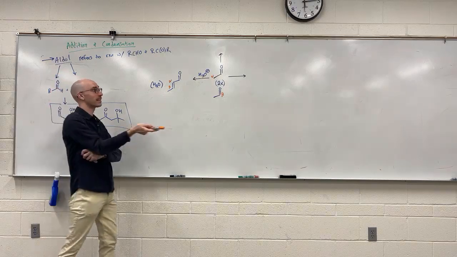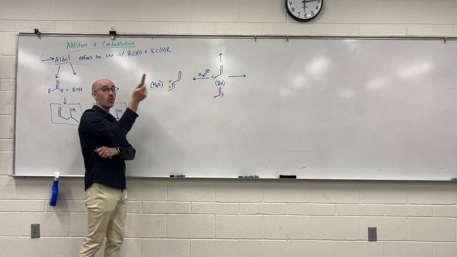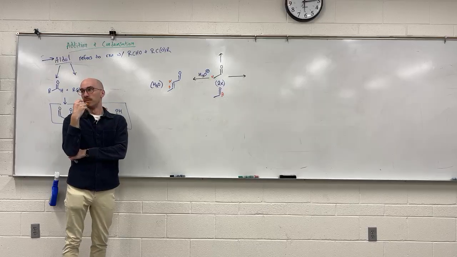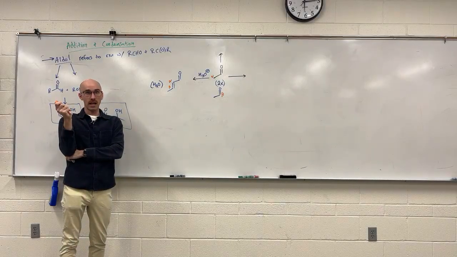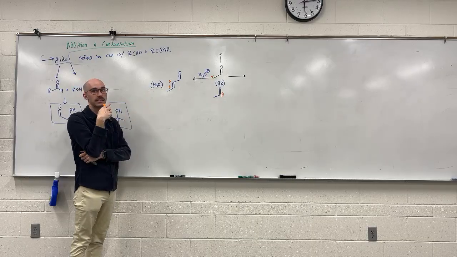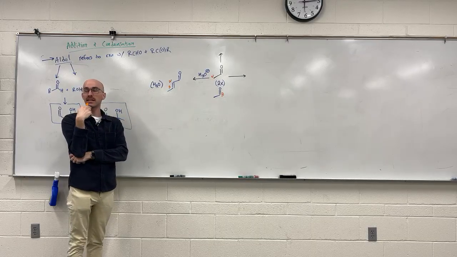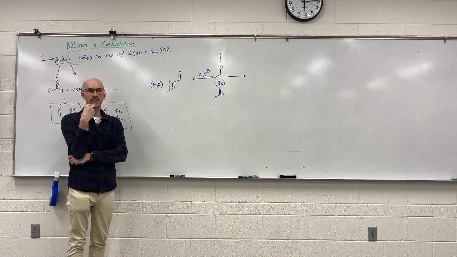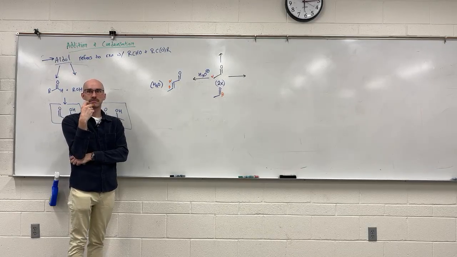The CH3, this labeled alpha carbon, was CH3, but now is CH. So I have condensed water out of this using acid. Is acid being consumed in this process? Is it a reagent, or is acid a catalyst? It's a catalyst.